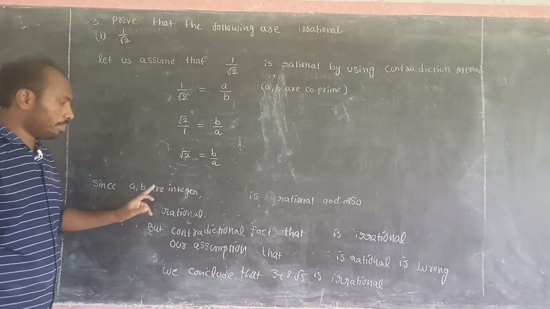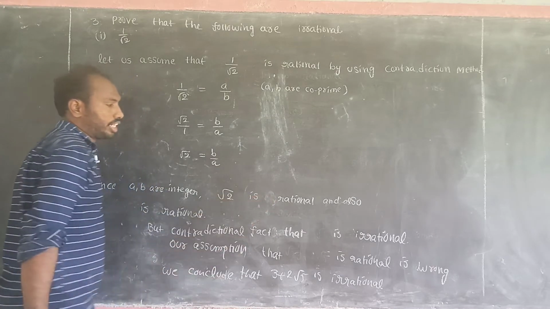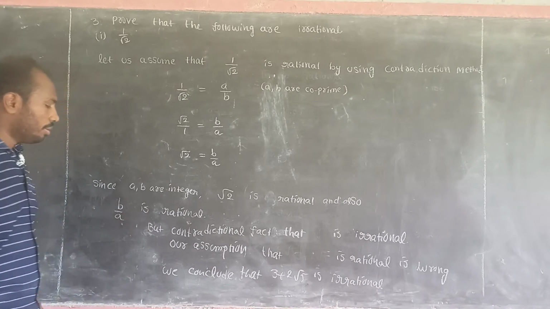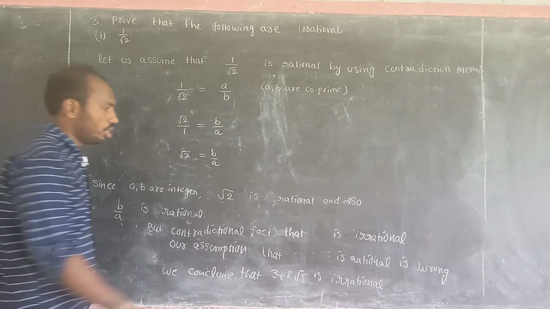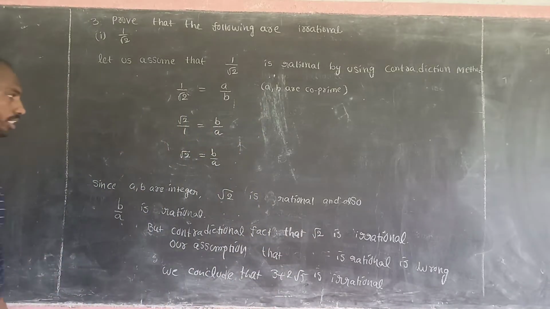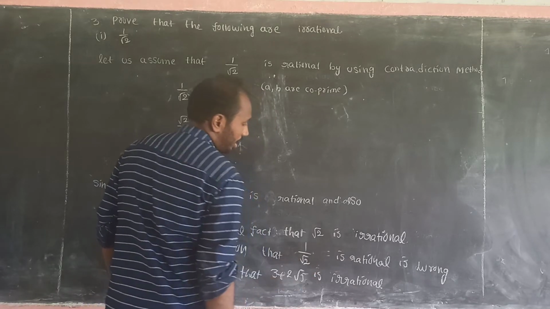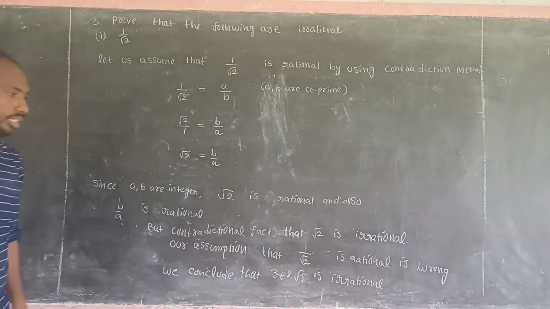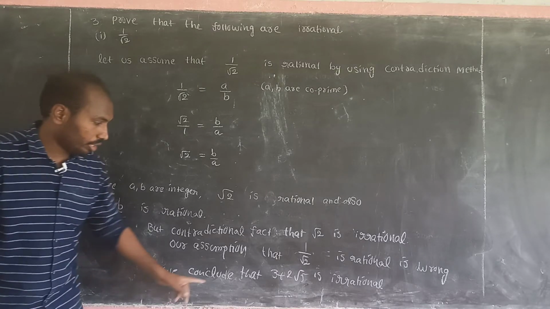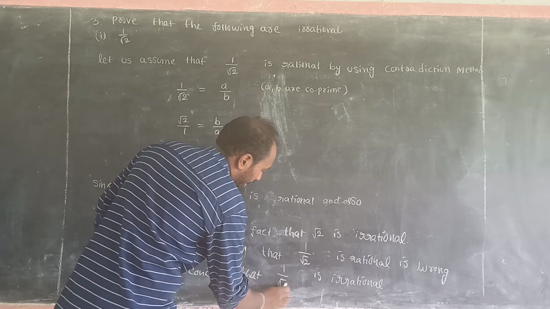Since a, b are integers, b by a is rational, so root 2 is rational. But this contradicts the fact that root 2 is irrational. Our assumption that 1 by root 2 is rational is wrong. We conclude that 1 by root 2 is irrational.